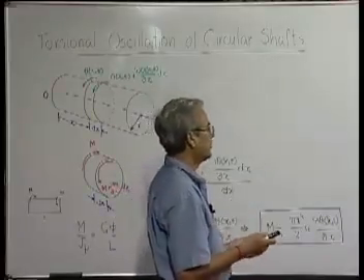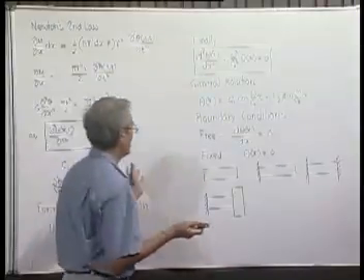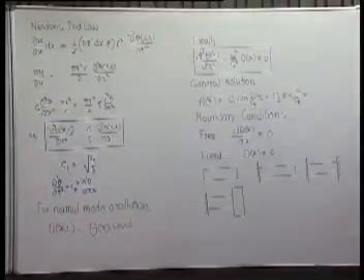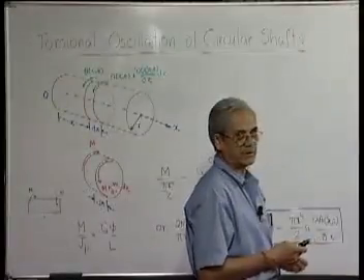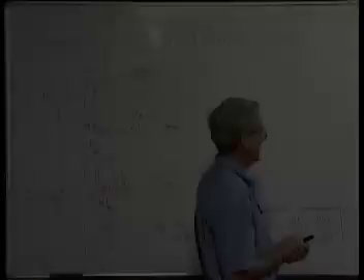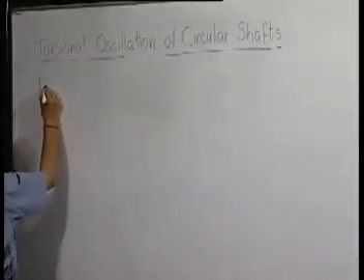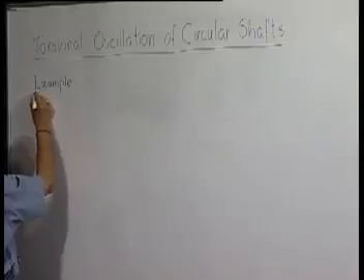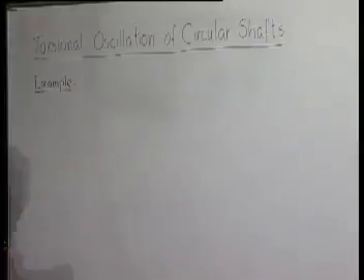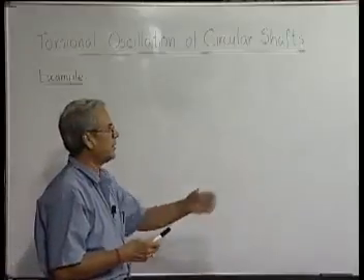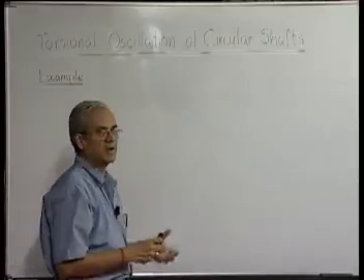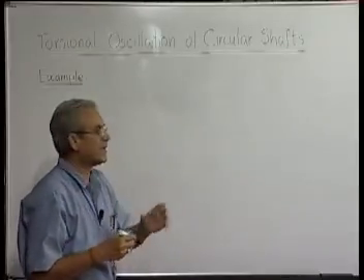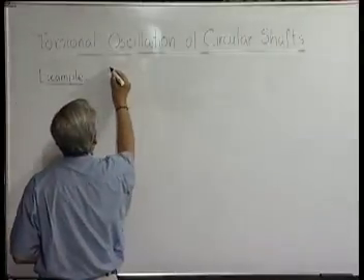The mode shapes will also be similar to what we got in case of longitudinal vibration of bars for the same condition, same form of solution, only capital X will be replaced by capital Theta and C will be replaced by Ct. So instead of solving the type of problems which are identical in form with the problems which we solve for longitudinal oscillation of bar, let us consider a case where we have to deal with the other kind of problem.